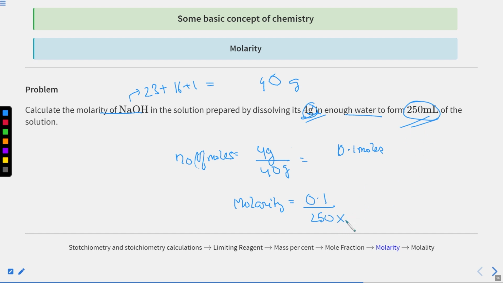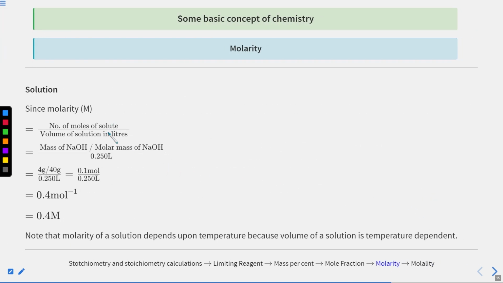If we convert it into liter, we multiply by 10 to the power 3. That would give us 100 by 250, so 0.4 would be the molarity. In the same way, mass of NaOH by molar mass, that is 4 by 40, divided by 0.250, brings us to 0.4. So this is the molarity.